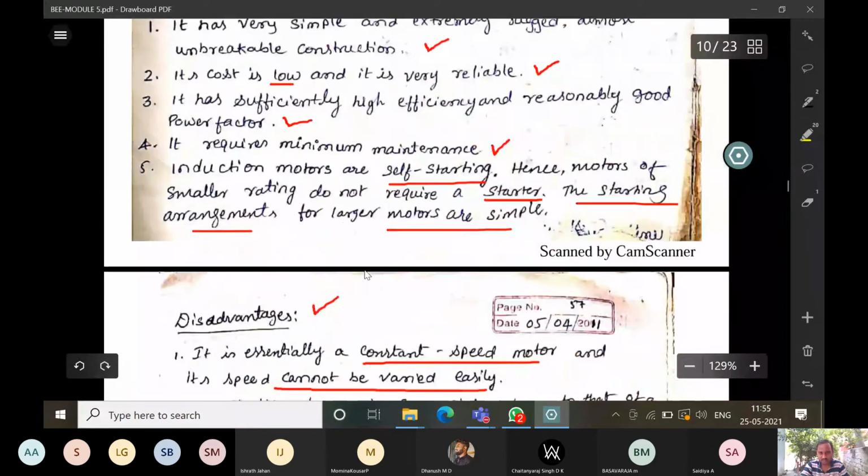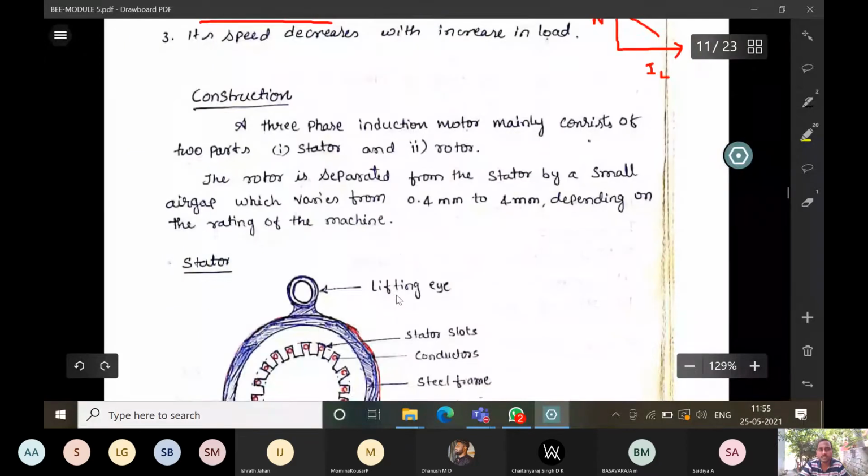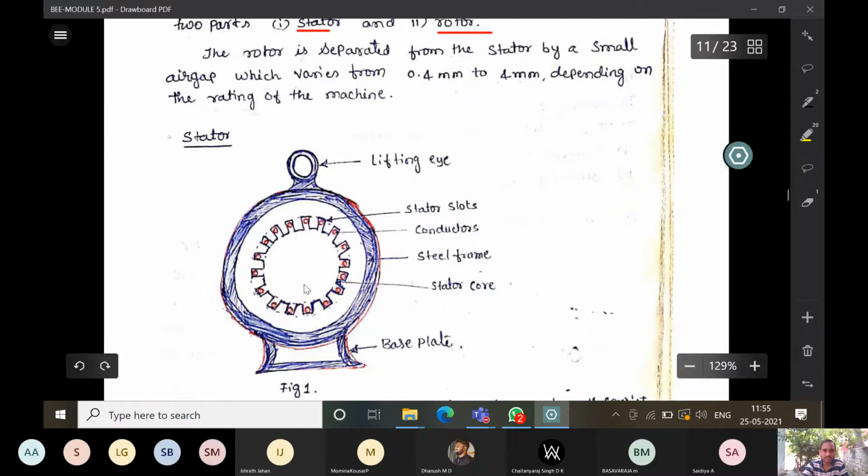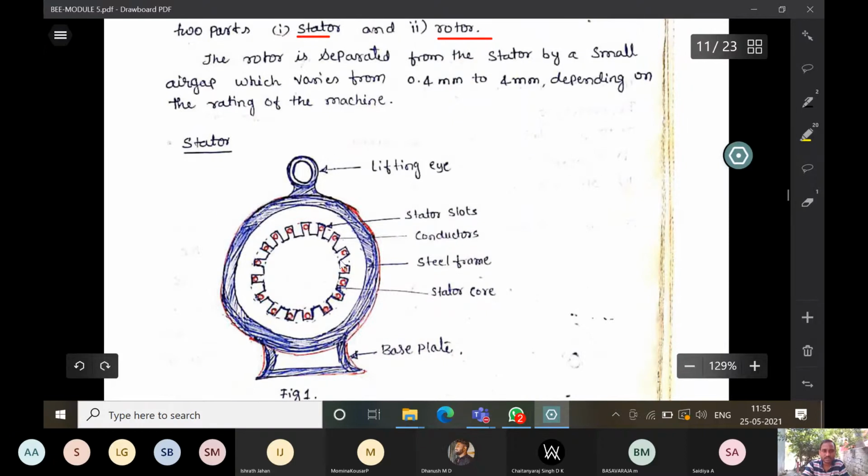Then coming to the construction, a three phase induction motor has two parts, one is the stator part and the other is the rotor part. The rotor is separated from the stator by a small air gap. Look at the diagram, the stator, and inside there is a rotor.